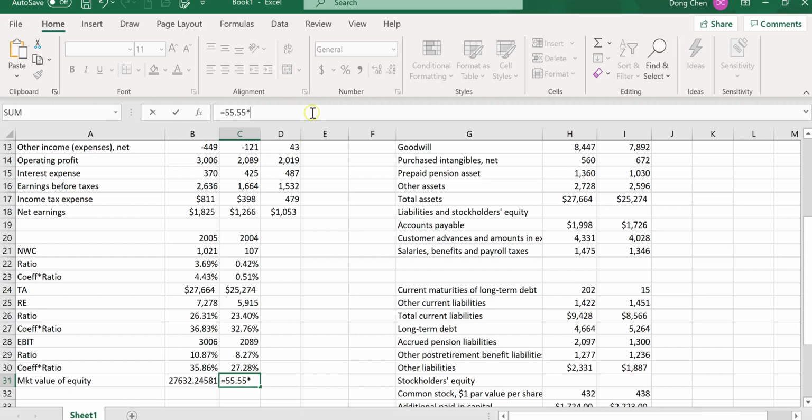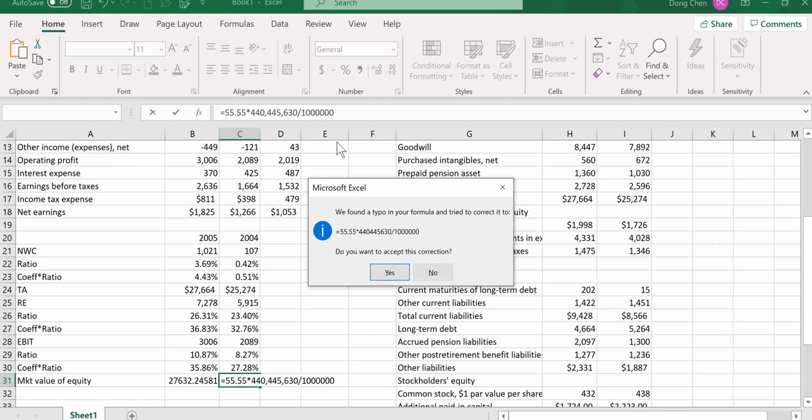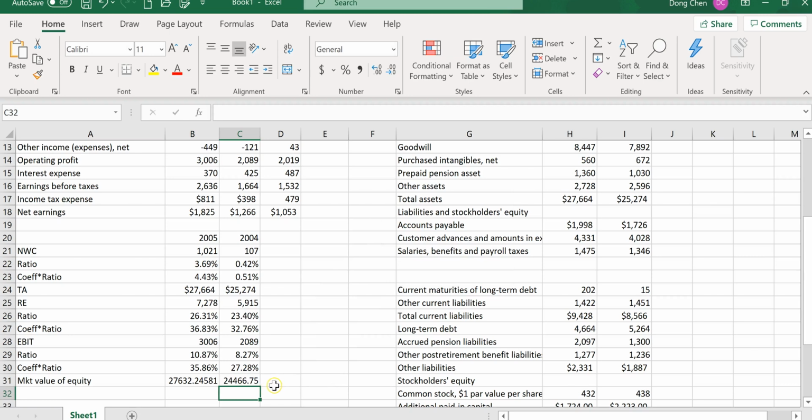Copy that number here. Again, you can divide it by 1 million. If you just click on that, you can see that Excel will give you an error message because we entered some commas here. Just accept, and it automatically gets rid of those commas.